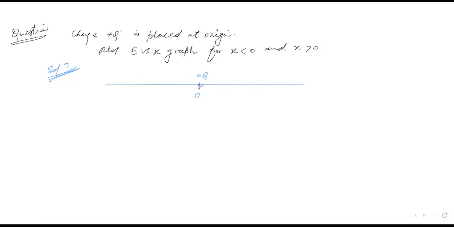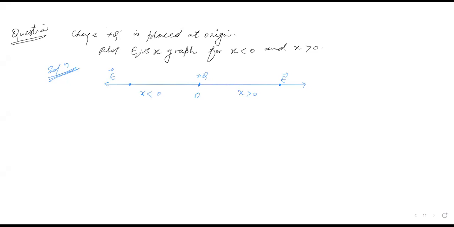We already know if this is your origin, then this region is always X greater than 0 and this is always X less than 0. Okay, you can take two different points on both sides. This is the direction of E at this position, I mean in the away direction, and the direction of E at this position is in this direction. Are you clear?